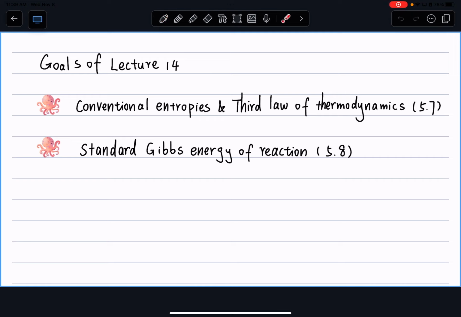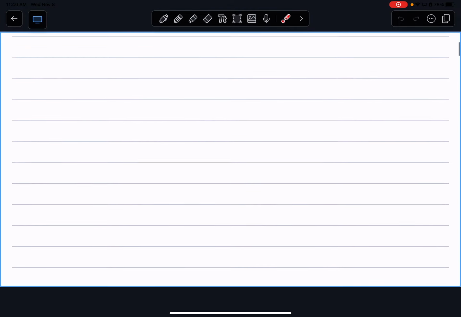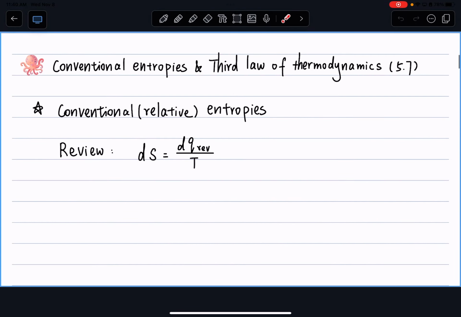Before we do that, we want to first introduce the concept of conventional entropy. Entropy is different from enthalpy, which is directly related to the molecular nature of your substance. But entropy is not defined for a specific state.